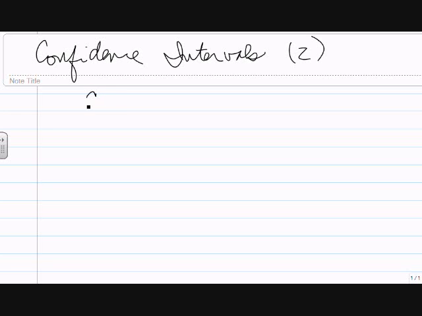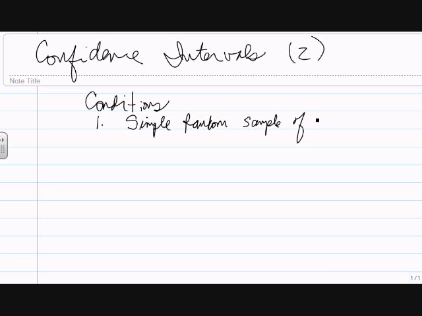So I have conditions that I need to meet, and my conditions are: number 1, I need a simple random sample of my population.